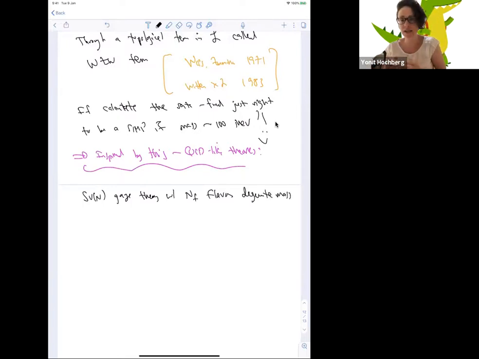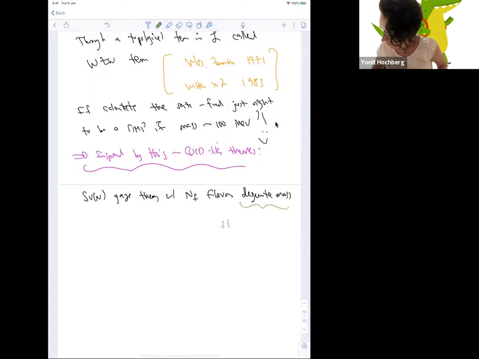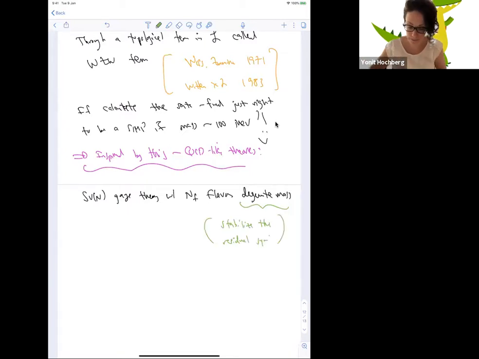This degenerate mass, unlike in the standard model, will make sure that my global symmetries are actually exact. So this is going to stabilize the residual symmetry. That's part of what's going to make sure that our dark matter is actually stable.